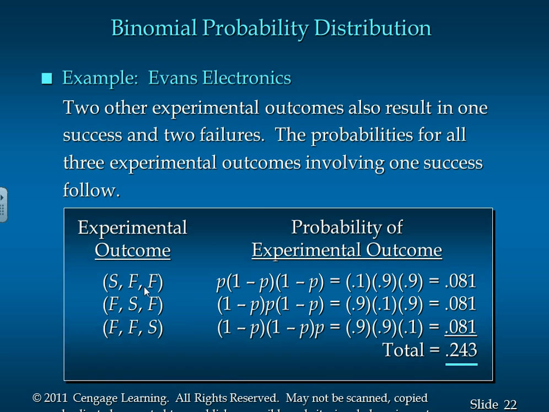That's right. So we have 3 possibilities of 2 failures and 1 success, and I get to add them all together, 0.243. Still not good.